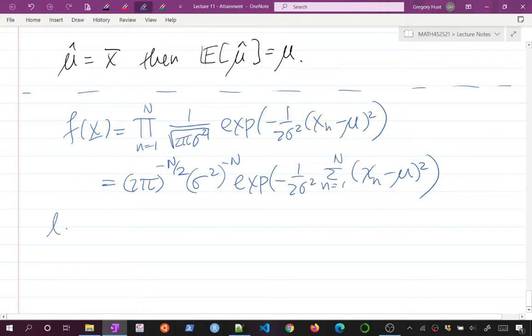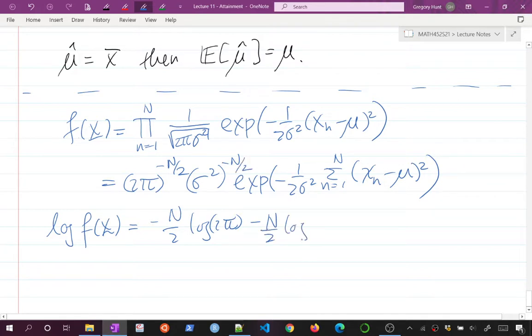Which means log of f of x is -n/2 log 2 pi minus, of course it's n/2 log sigma squared, I forgot the over 2, minus, the exponential just comes down, 1 over 2 sigma squared, sum, xn minus mu, quantity squared.